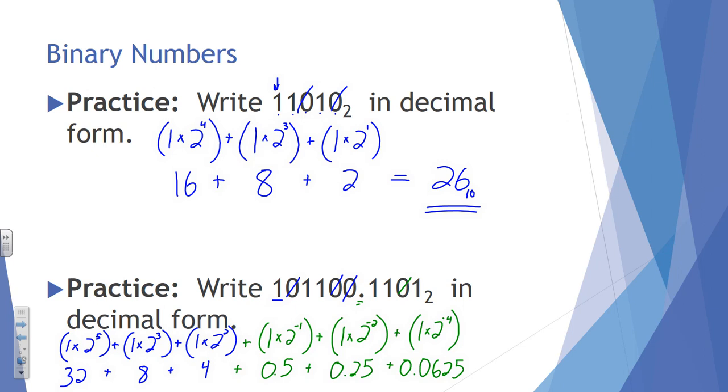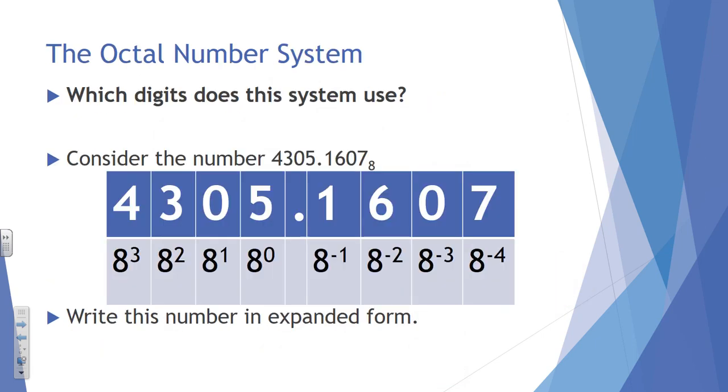The blue part on the left, 32 plus 8 plus 4, makes 44 point. And if we add up the 0.5, the 0.25, and the 0.0625, we get 0.8125. So in decimal form, that becomes 44.8125.